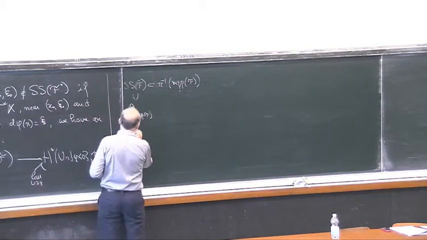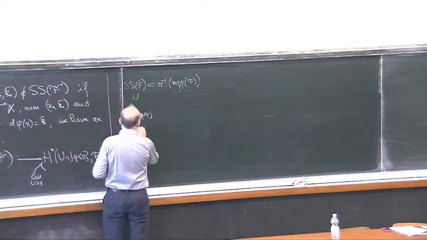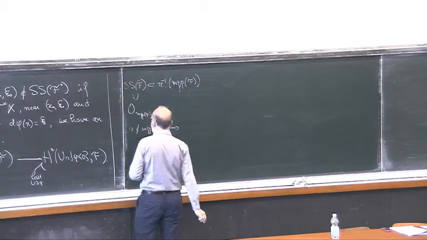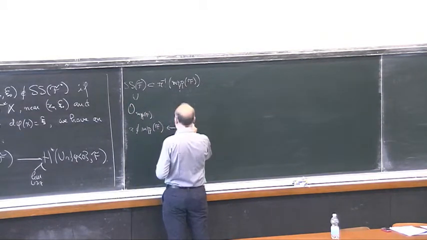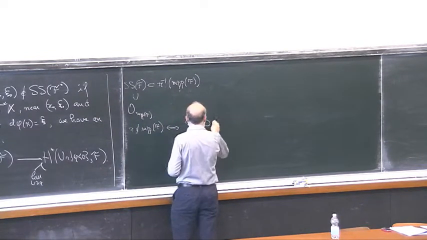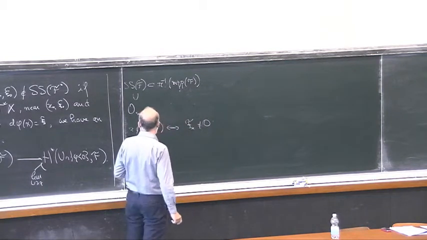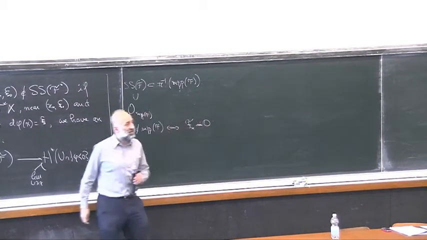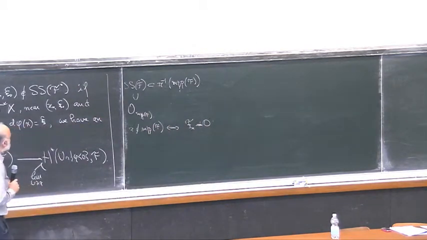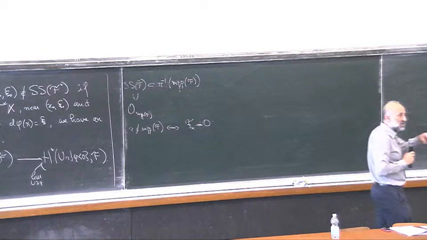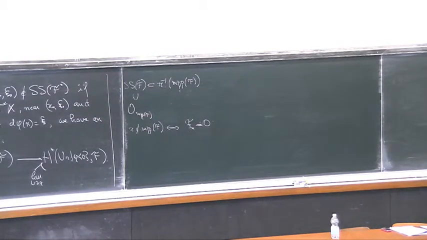So x does not belong to the support of F is equivalent to saying that the stalk F_x is 0. And these are germs, so it means that in a neighborhood of x, all the sections are essentially 0. Okay.